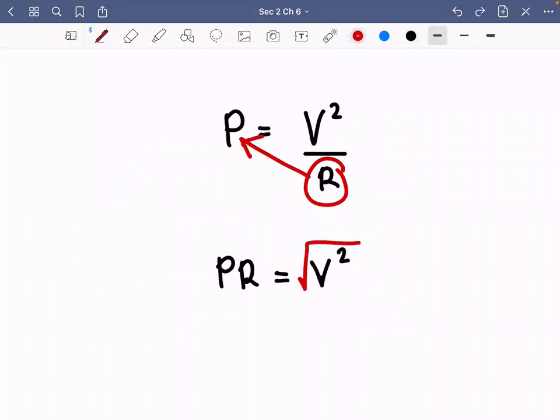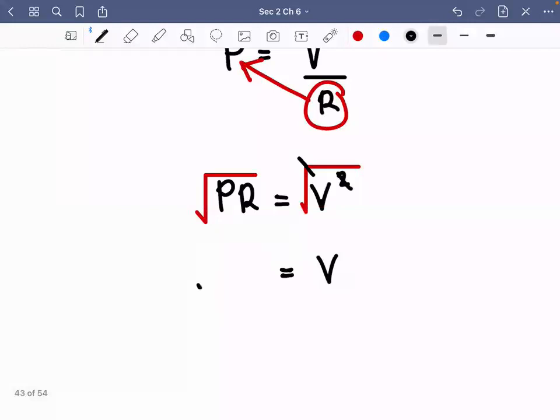And if you get the square root of this, you also get the square root of the other side. So that cancels out the square. No more square, so you only have V. Therefore your answer is V is equal to the square root of the product PR. So that's it.